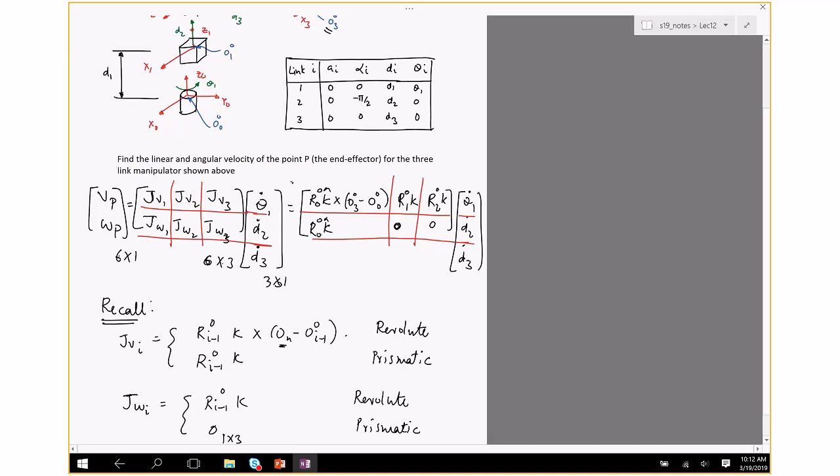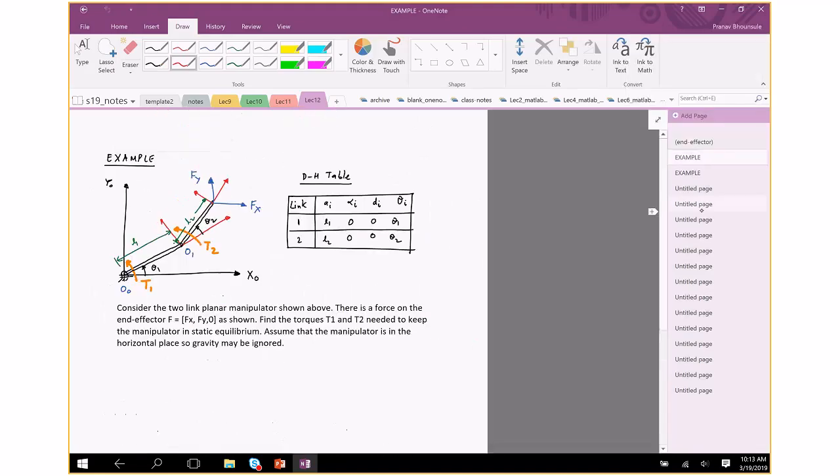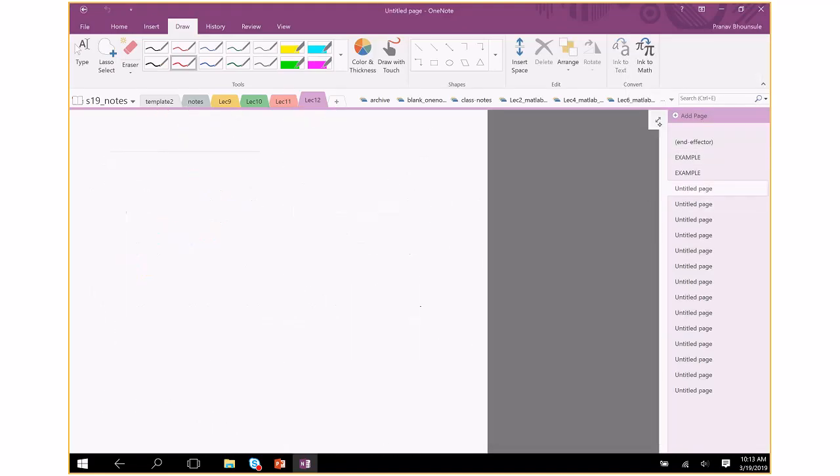What remains now is to find the R's and the O's, and I'm done. So let's find the R's, R10, R20, R00. To do that, we need to find A10, A00, and A20. They come from the DH formula, which we've seen before.